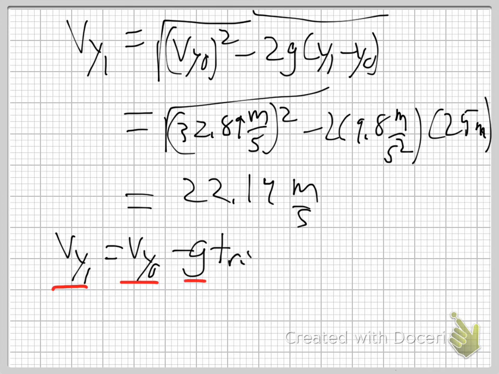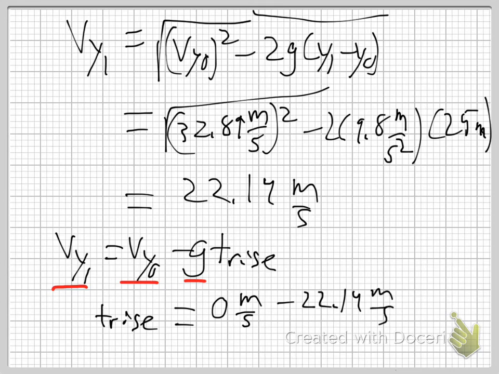In this case, this is going to be the time to rise. Okay, so T rise will end up equaling 0 minus 22.14 meters per second over minus 9.8. And this is a pretty small number, or relative, 2.26 seconds.